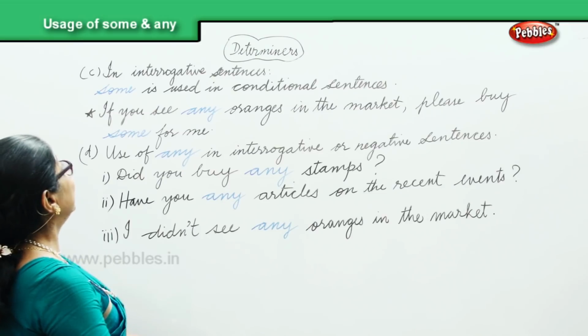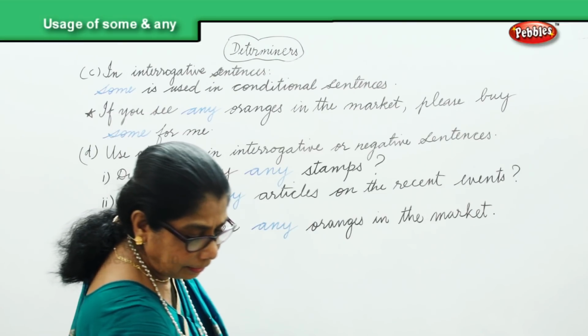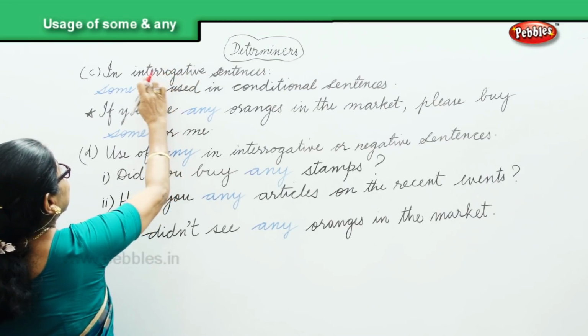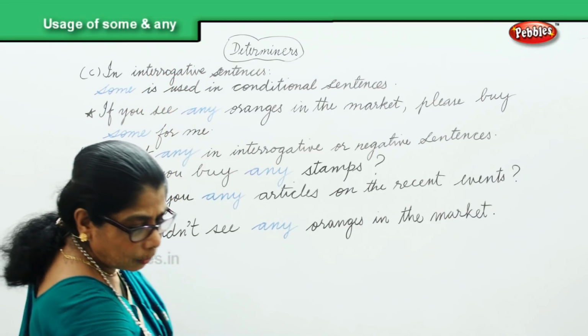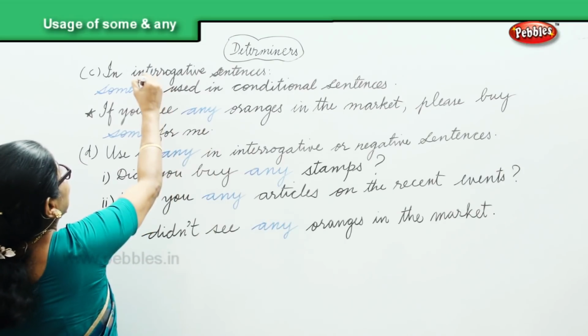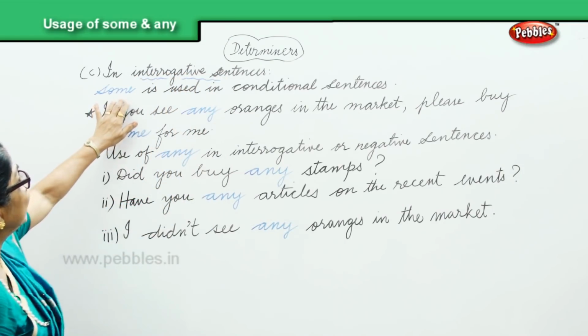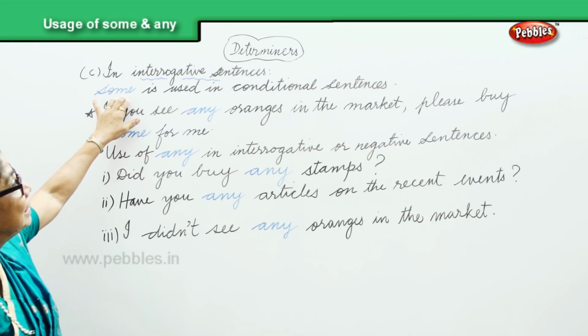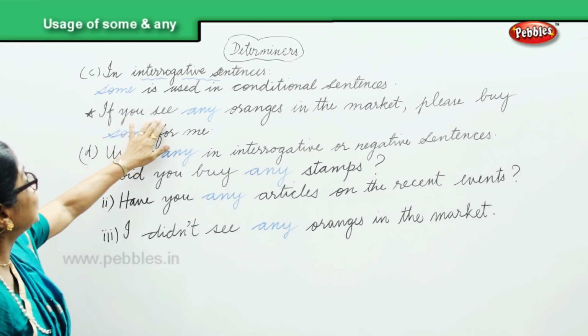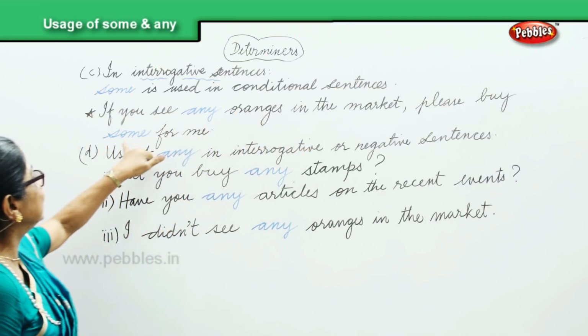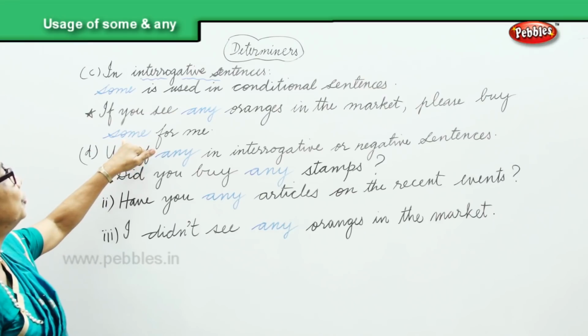So, the third type is the conditional sentence, where any is used: if you see any oranges in the market, please buy some for me.